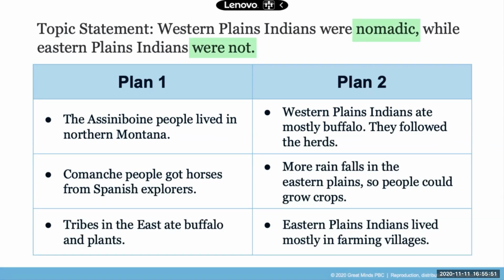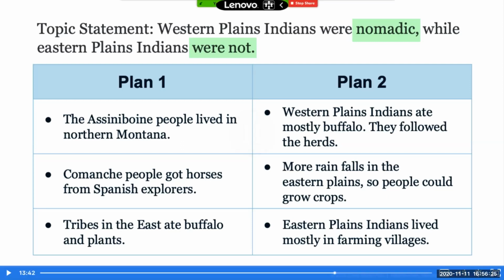Is it discussing how the people were nomadic or not? I don't think so. Let's look at the third bullet. Tribes in the East ate buffalo and plants. What do you think about that one? Pause here to talk to your learning partner about that, or talk to me. Just hit play when you're ready to continue.